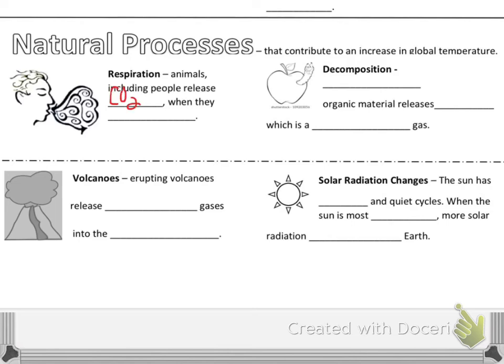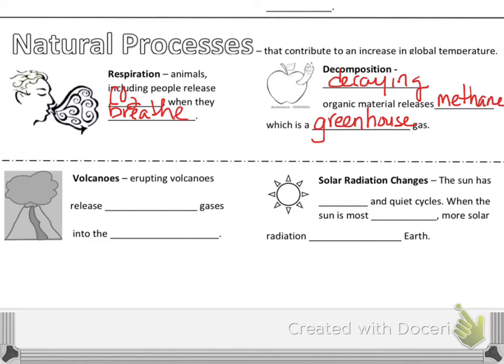You know this. And that happens when we exhale, and we start the photosynthesis, so the respiration cycle. All right, decomposition. Decaying organic materials release methane, which is a greenhouse gas.